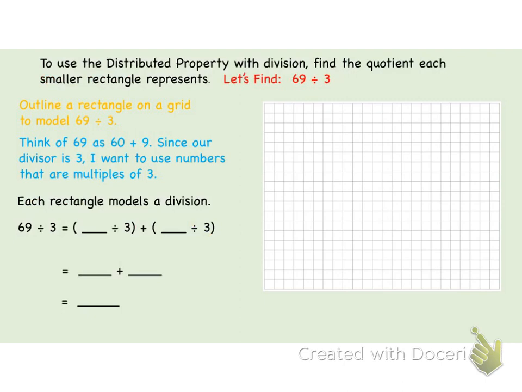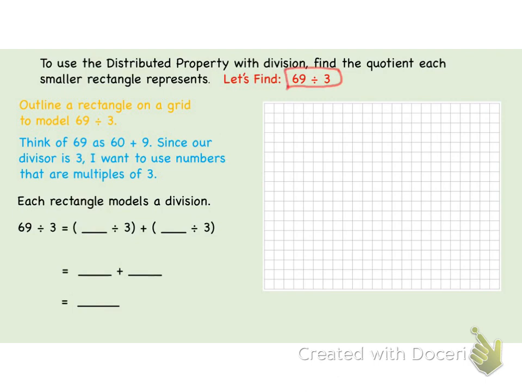Now it's time to start putting some stuff inside your journal. So make sure you have the date on the top of the page, and make sure you've titled the page Distributive Property with Division. Today we're going to find the quotient each smaller rectangle represents. And our sample problem is going to be 69 divided by 3.